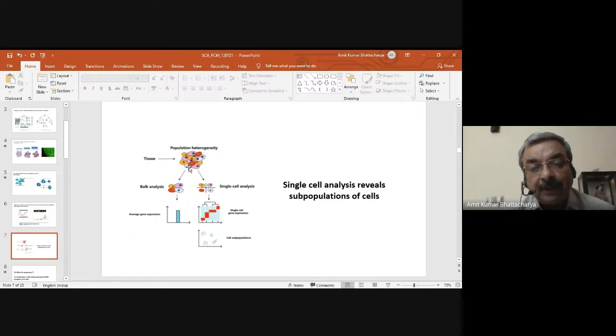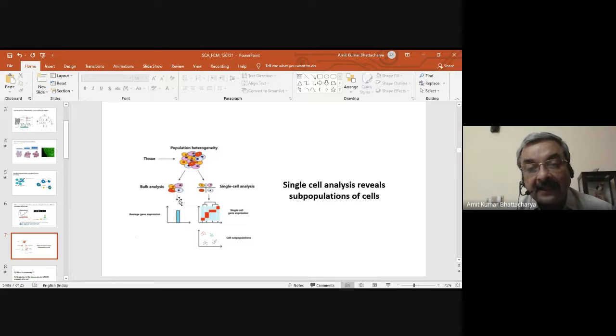If you do a bulk analysis, looking at the level of a particular protein, you find that most of the cells are of one population only, which has the major level of that protein.